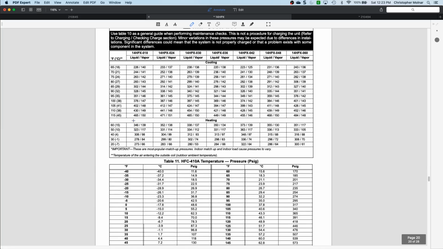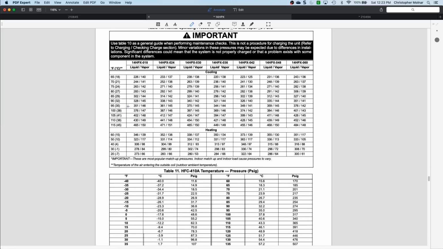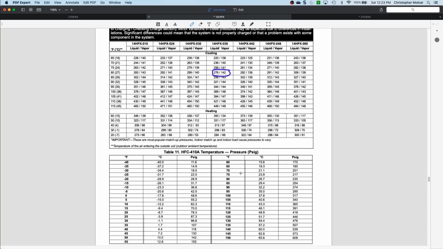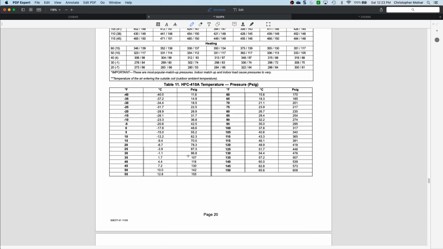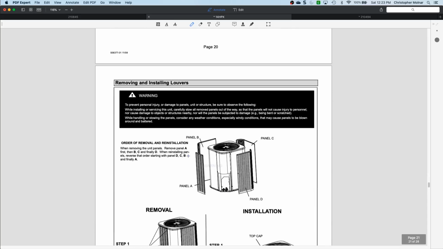It also tells us about the liquid and vapor pressures that I told you about. It even gives you a pressure drop here.